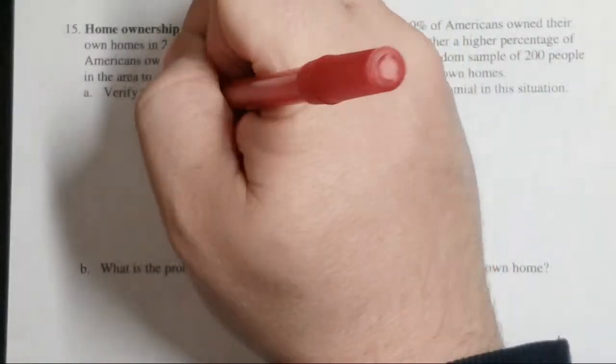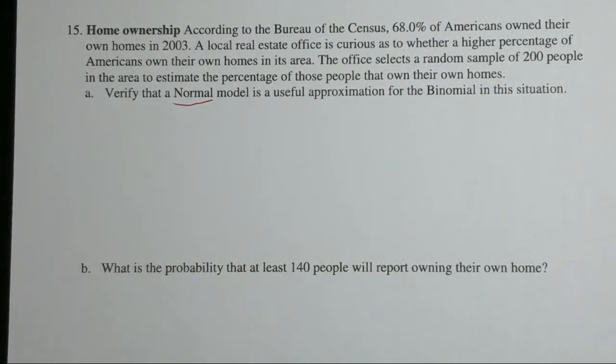Verify that a normal model is a useful approximation for the binomial in this situation. Now, if you're dealing with getting a normal model or verifying a normal model, you want to go about the exact same specifications that you do for hypothesis testing and confidence intervals.